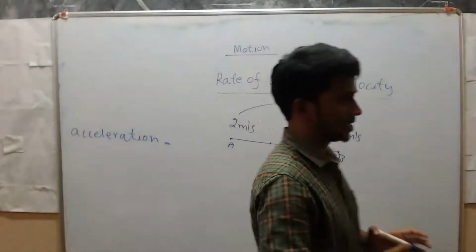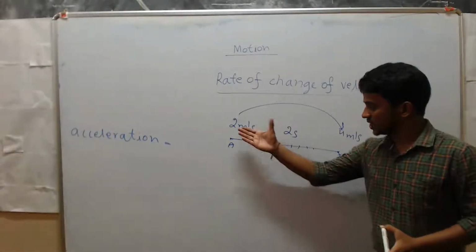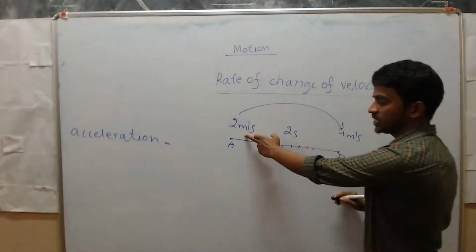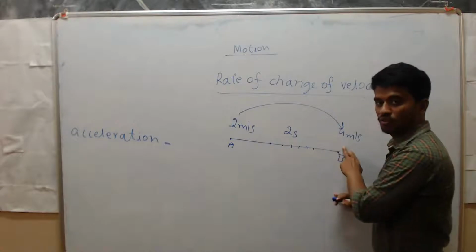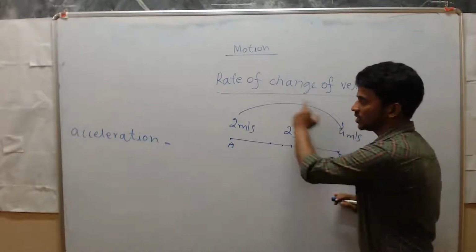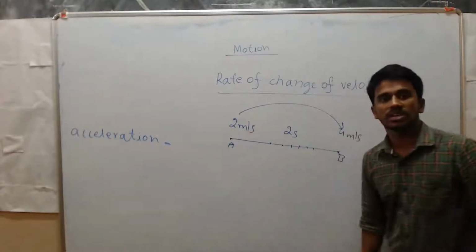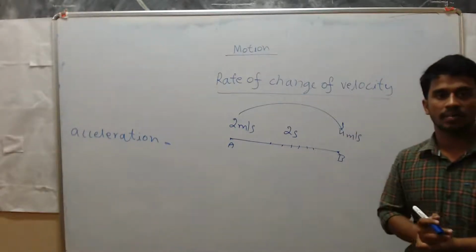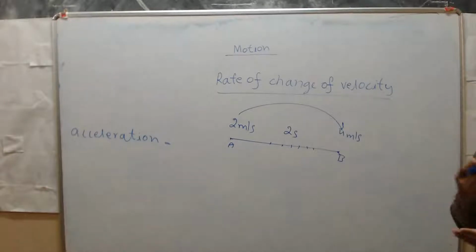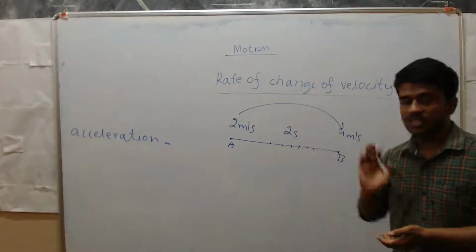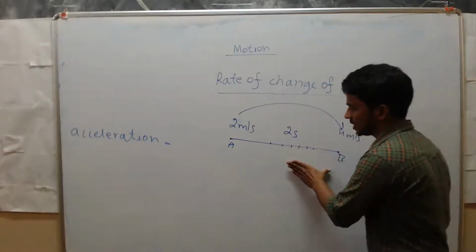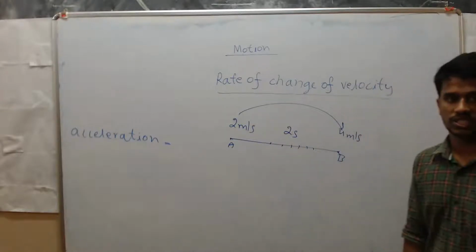What is acceleration? Acceleration means change in velocity in a given time. Here velocity changed from 2 to 4 in 2 seconds, so we call this acceleration. We can say that in a given time, by how much the object's velocity changed. So change in velocity in a given time is called acceleration.